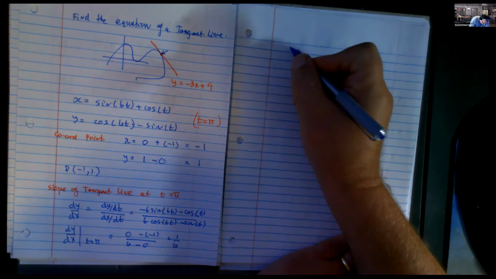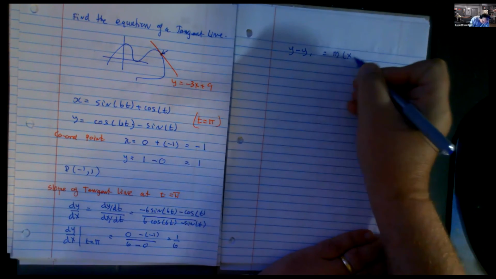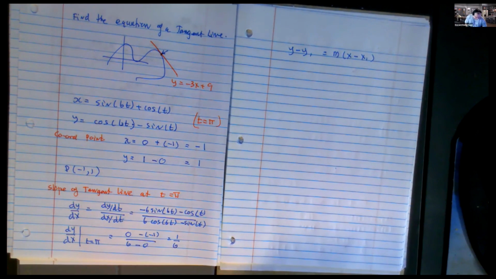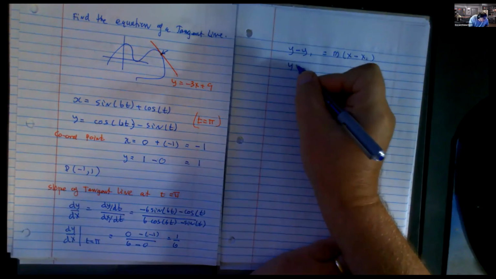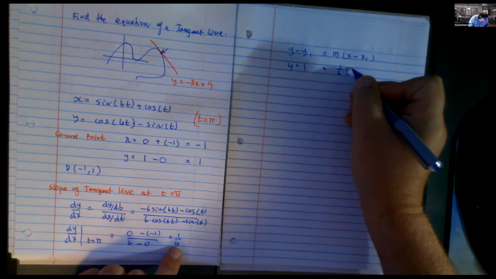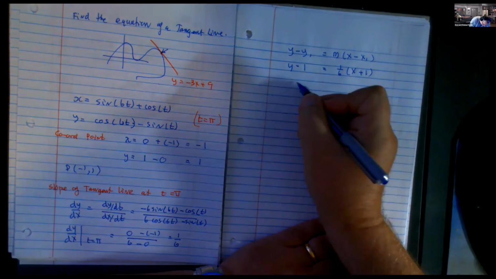Well, yeah. The version I'm going to do is called the point slope version, right? You remember that? In this case, it's going to be y take away 1 equals 1/6 times x take away -1. And the next couple of lines are just to make it look pretty.